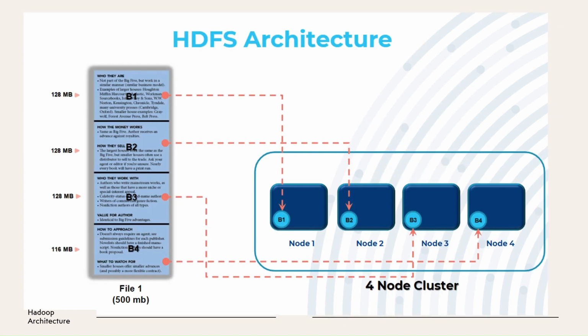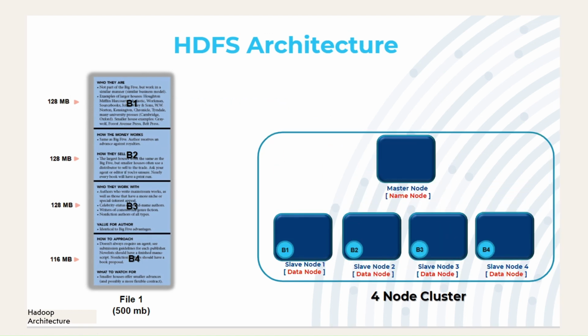Now, if I divide this file into different blocks B1, B2, B3, B4, they are stored at different data nodes. We know that in HDFS architecture there are not only data nodes.